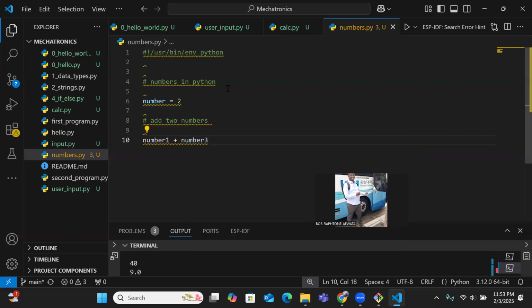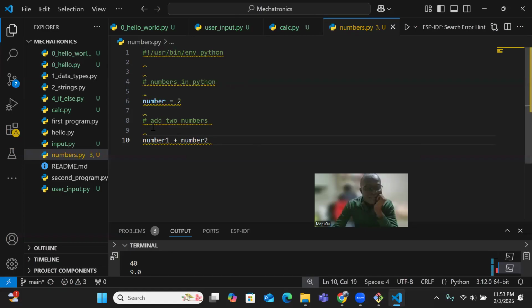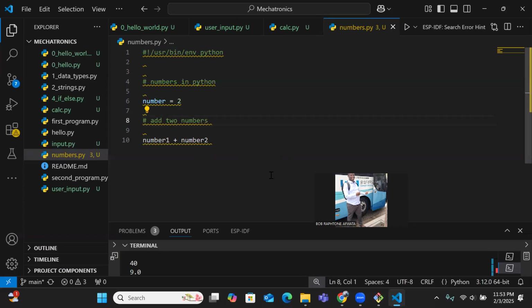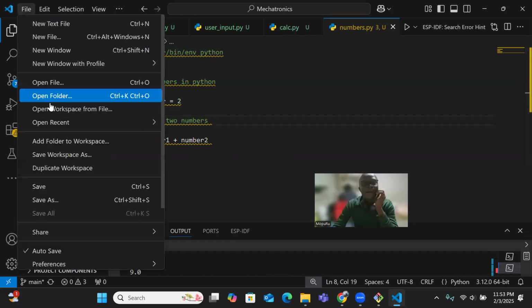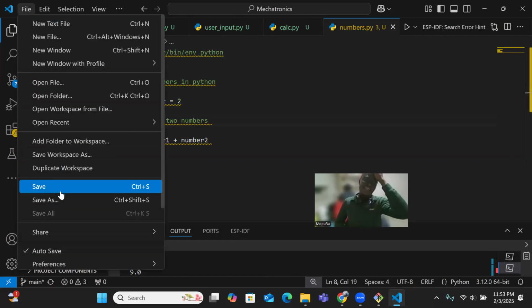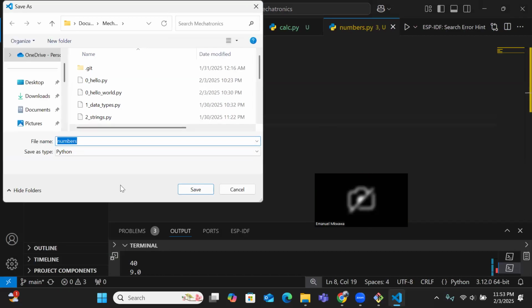So it's what's going on in your mind. You tell the computer or the software you are using that in this case we are adding two numbers, and what will the computer do? It will ignore that line. So that is for your own memory.